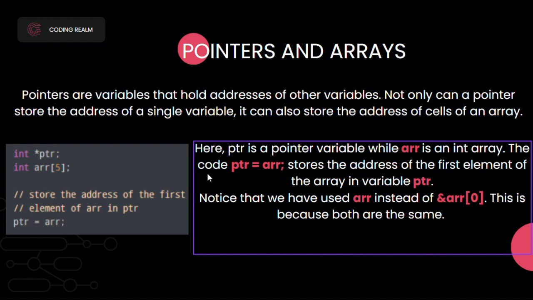The code ptr = array stores the address of the first element of the array in variable ptr. We have used array instead of &array[0] because the both are the same. We can put the address of array[0].